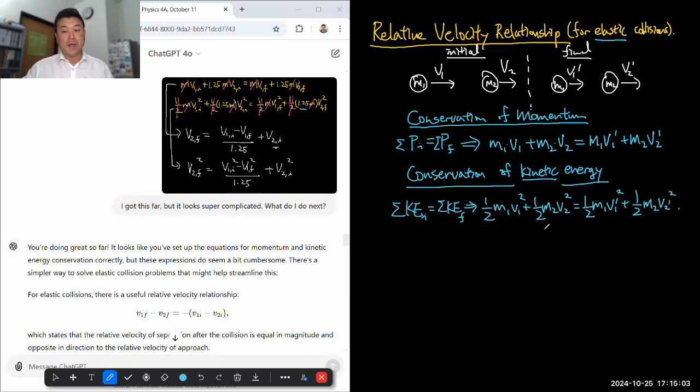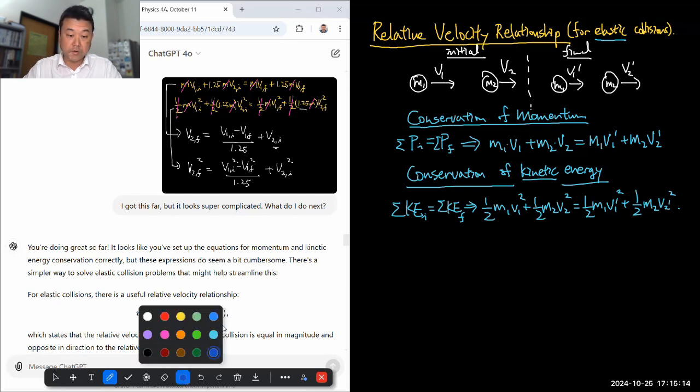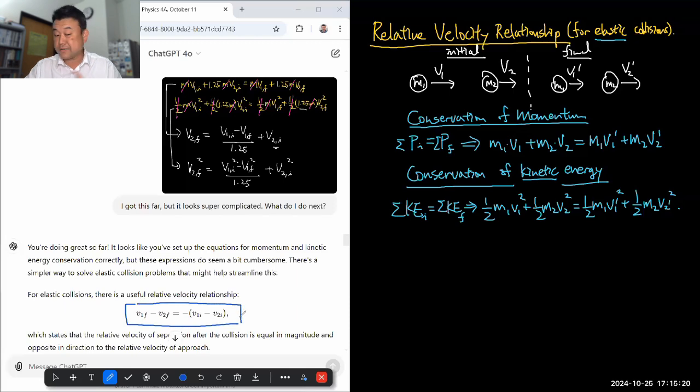Before, I was using these equations directly, trying to solve for some things that were being asked for. Today, my goal is different. My goal is to derive this relationship here. And actually knowing the form that we are getting to is helpful, because it becomes a hint to which way we should go. I'm noticing that it doesn't have masses.